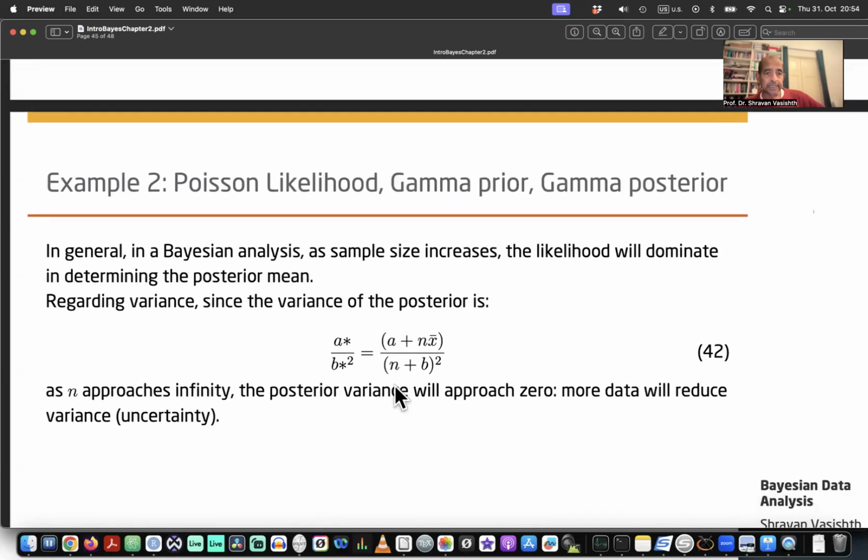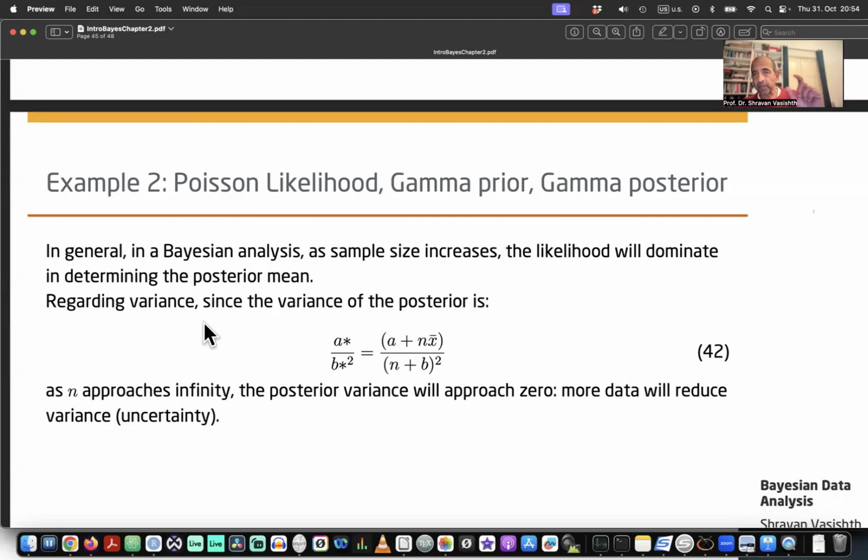That's an important point, because in general, in Bayesian analysis, as sample size increases, the more data you have, the likelihood will start to dominate in determining the posterior, and the posterior mean. This is true generally as well. It's not just for the Poisson gamma case, right?